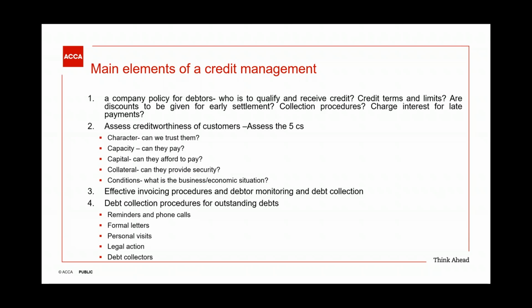So send the invoices on time, because if you're giving your debtors 30 days to pay, 30 days starts from the time you send the invoice, or from the time they receive that invoice. So even if it goes by electronic means, send the invoice ASAP, and also monitor the debt: see how much has been outstanding, and for how long.